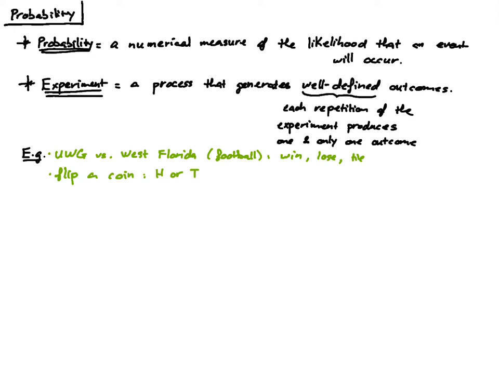Now, let's now talk about the sample space. So the sample space of an experiment is the set of all experimental outcomes.